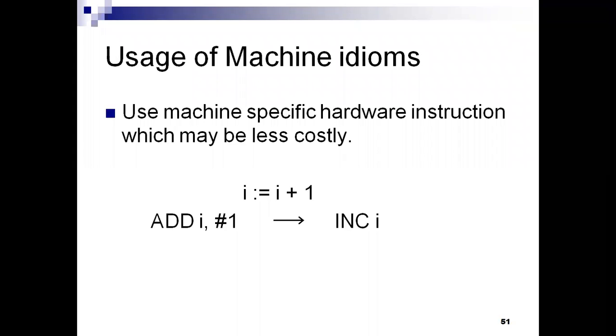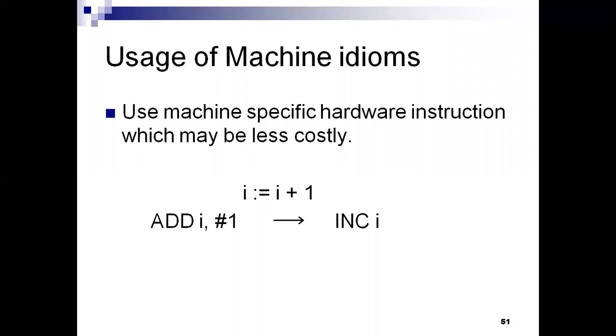So while coming to the usage of machine idioms, here the target instructions have equivalent machine instructions for performing some operations. Hence, we can replace these target instructions by equivalent machine instructions in order to improve the efficiency. Just see the example, we are having auto increment and auto decrement, right?